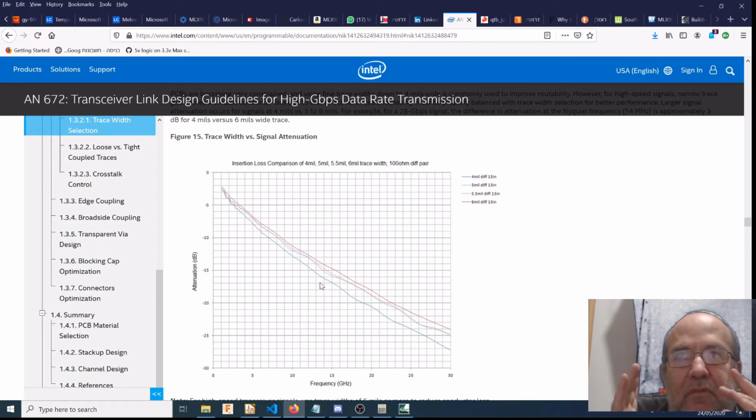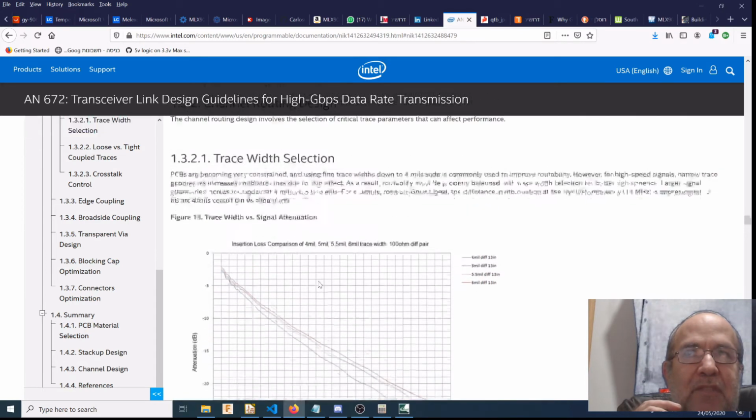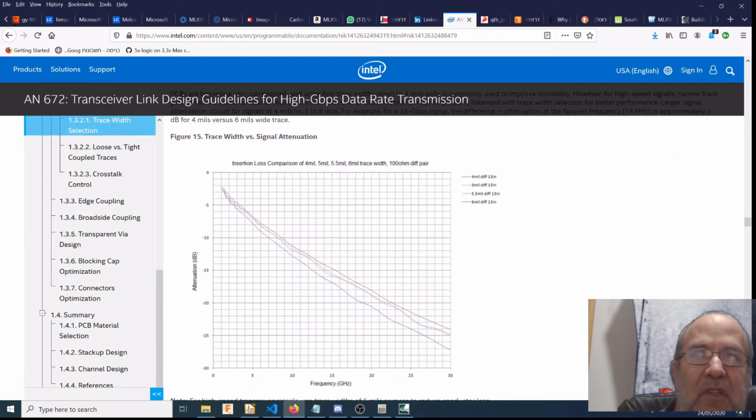So here we're talking about comparisons between 4mm, 5mm and 6mm traces. Attenuation in dB.